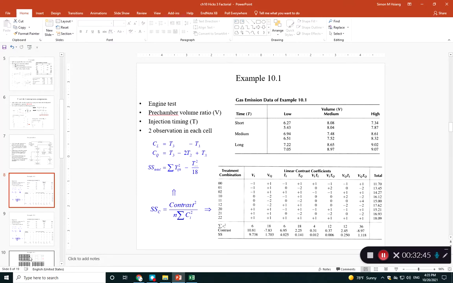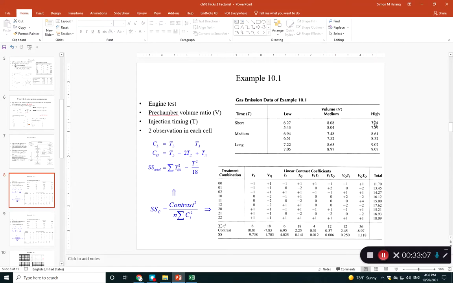Okay, now we know that if I only have 9 observations, I don't have anything left for the error term. So what do I do? Add more observations. So I double my observations. Now I have 2 observations per cell. So for volume, I have low, medium, high. For time, I have short, medium, long.